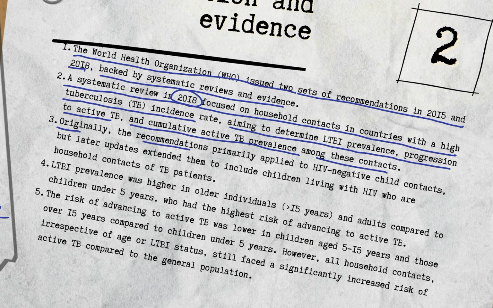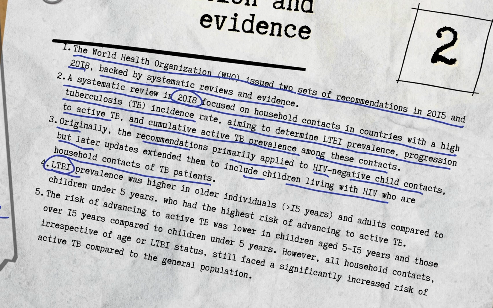Originally, the recommendations primarily applied to HIV-negative child contacts, but later updates extended them to include children living with HIV who are household contacts of TB patients.